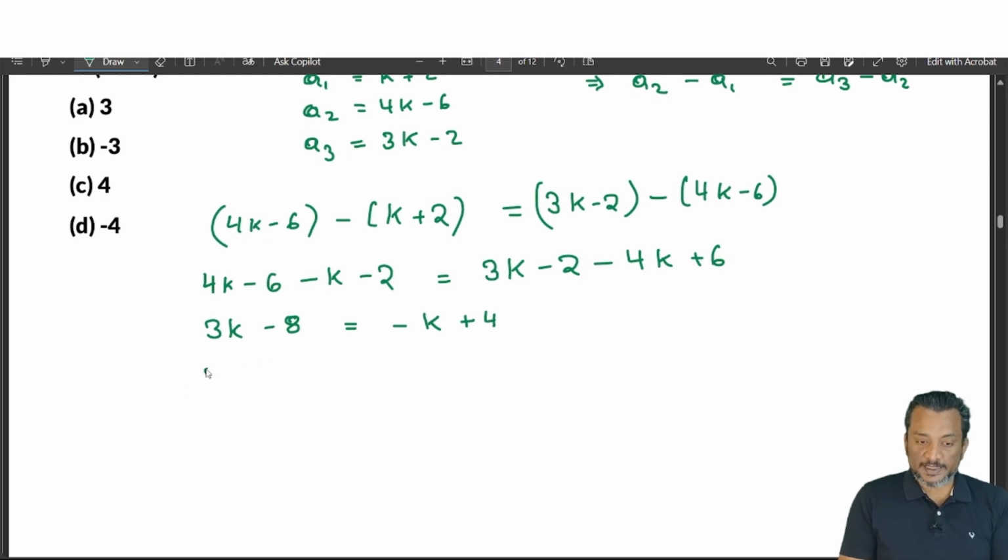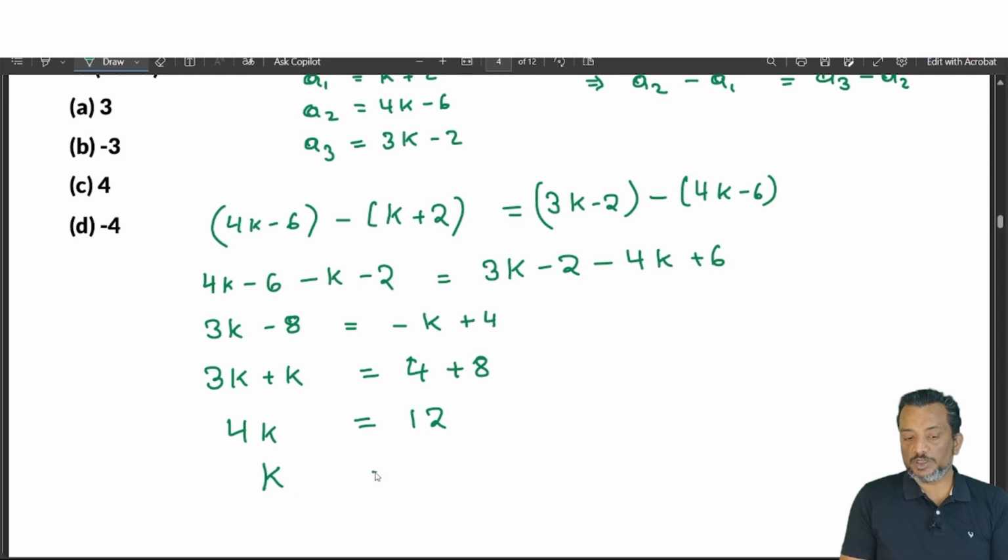So you can say 3k plus k is equal to 4 plus 8. So how much will we get? 4k is equal to 12. So now k is equal to 12 over 4. 12 over 4, you will get how much? 3.